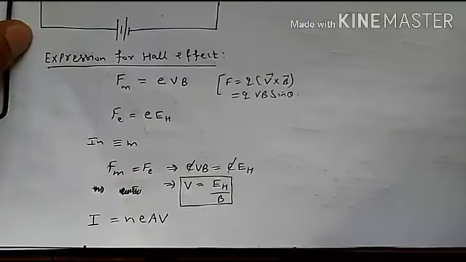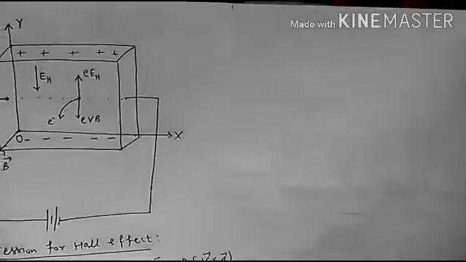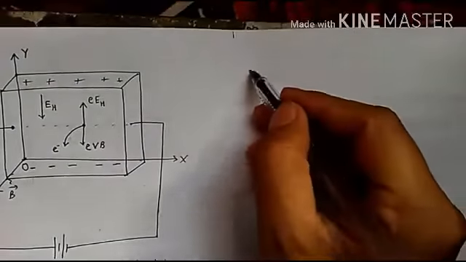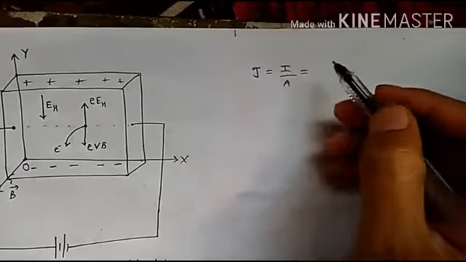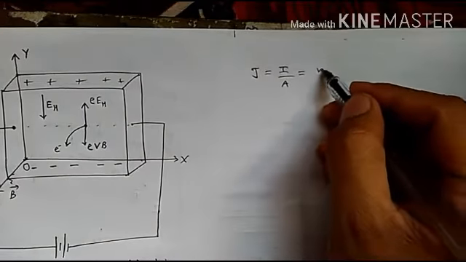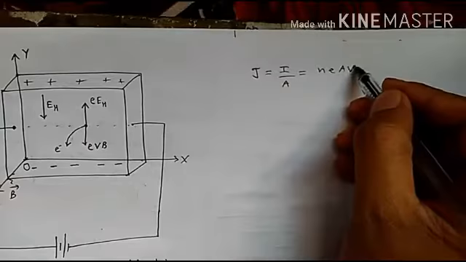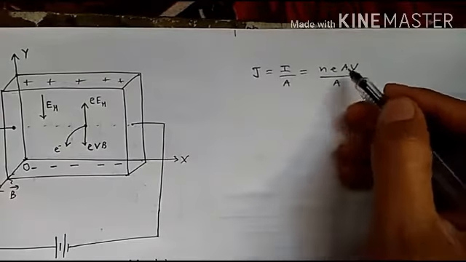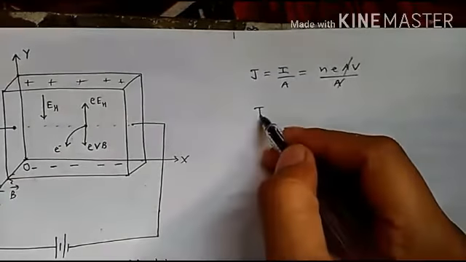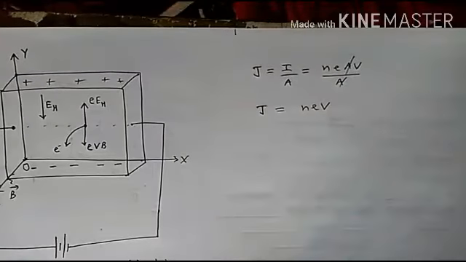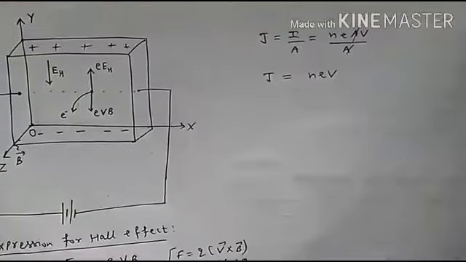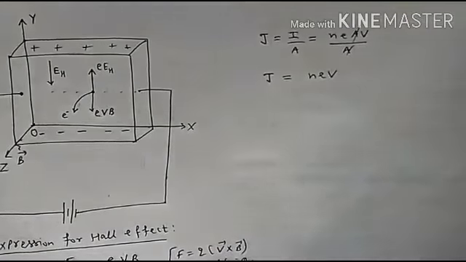So the current density is given by J is equal to I upon A. Put the value of I, we get nevA upon A. A and A cancel out, so we get J is equal to nev, where n is the concentration of electrons.